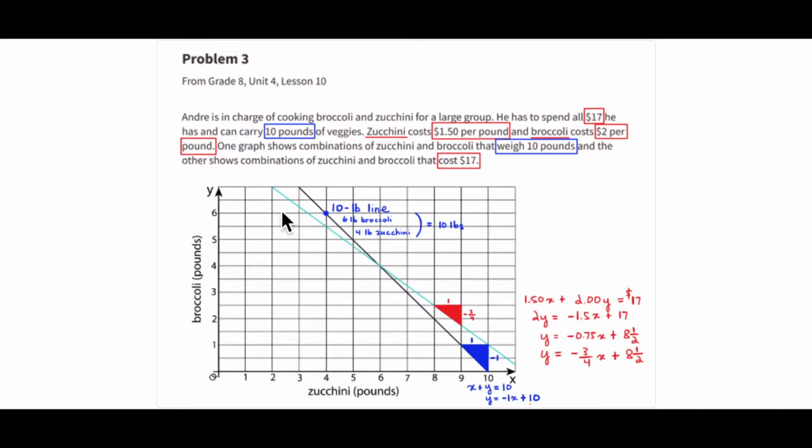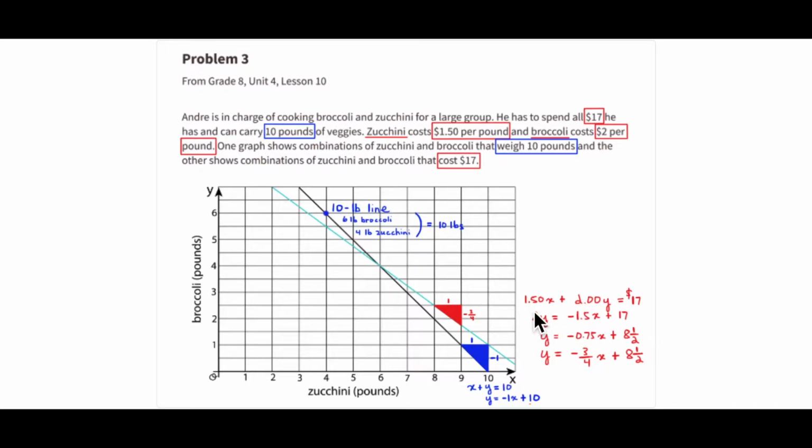And the blue graph is the graph for $17. And so in this case, the cost of the zucchini, which is $1.50 for each pound of zucchini, plus the cost of broccoli, which is $2 for each pound of broccoli, equals $17. So if you rearrange this equation into the slope-intercept form, you're going to end up with this -1.5x moves over here.